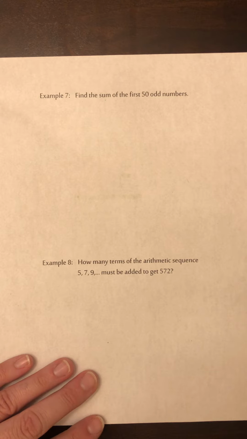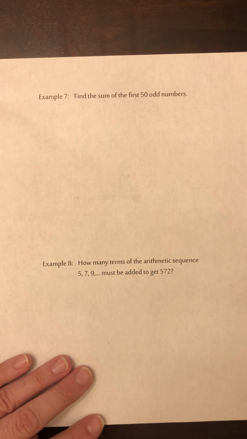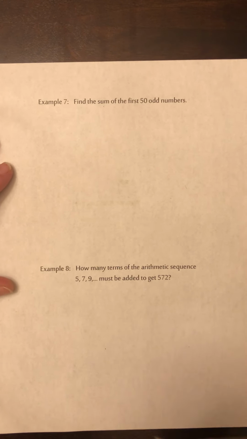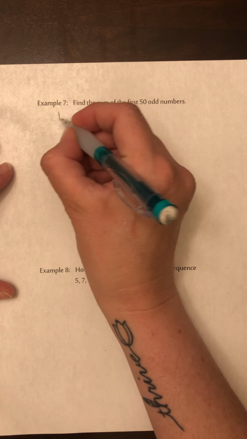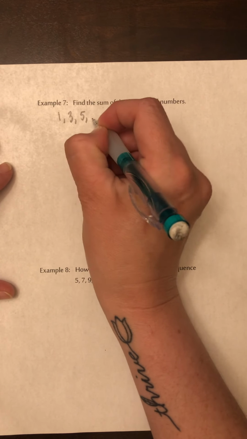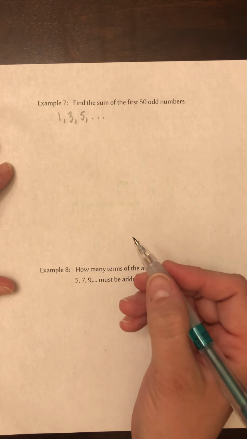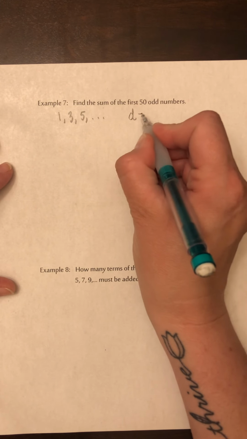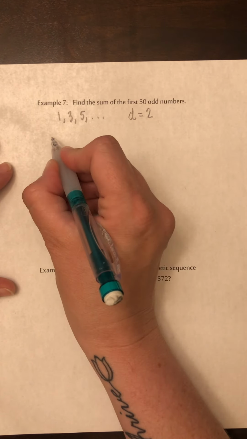Example 7 says, find the sum of the first 50 odd numbers. So obviously we have 1, 3, 5, and so on. So we know the first number. We can figure out easily that the common difference is 2.